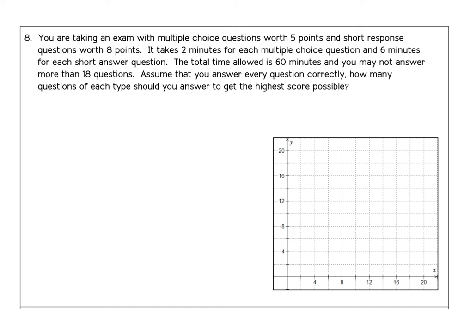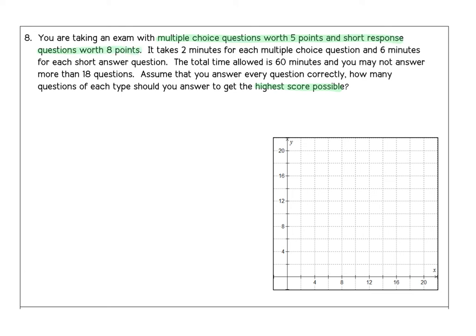What are you trying to maximize? Your score, right? So your profit equation is anything that has to do with how it is scored, okay? So if I were to look at this particular one, I would say highest score possible. What did they tell me about scoring? They said multiple choice is worth 5 points and short response is worth 8 points.